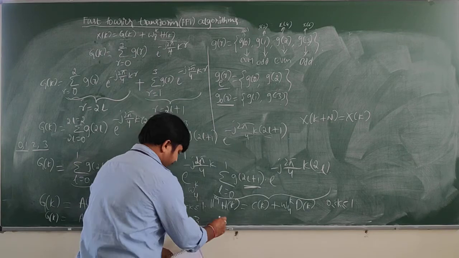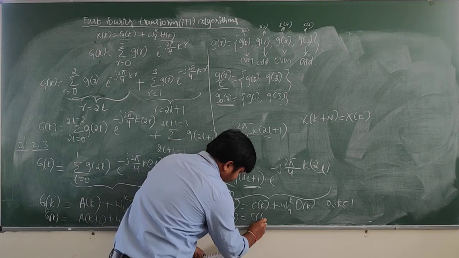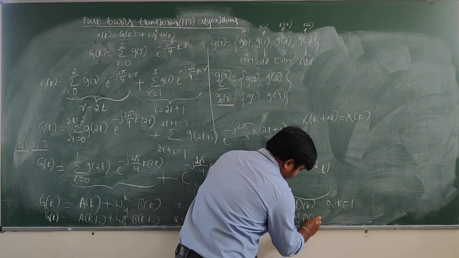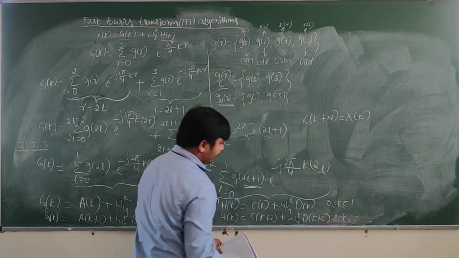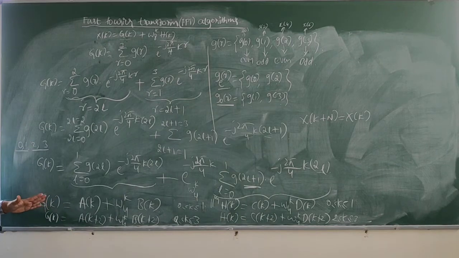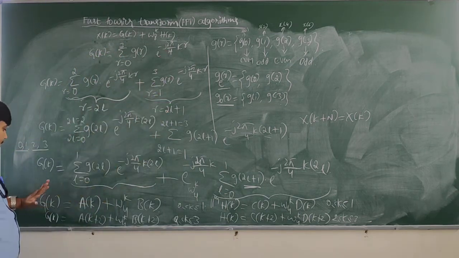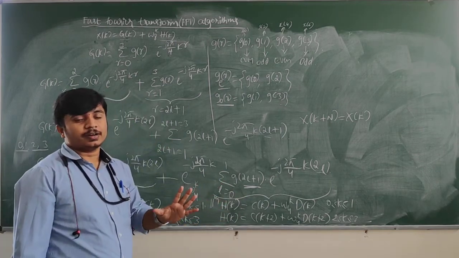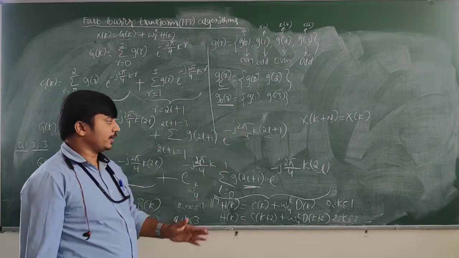Again h of k is equal to c of k plus 2 plus w 4 power k into d of k plus 2 for k varies from 2 to 3. Now I have got the equation for both g of k and h of k. This is the equation for g of k and this is the equation for h of k. Here we have converted the 4-point sequence into 2-point sequences.